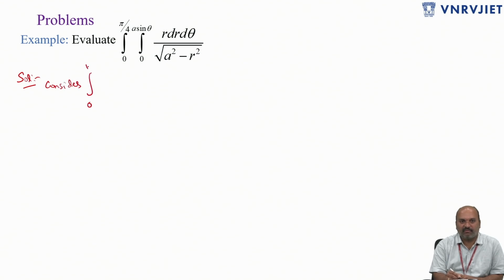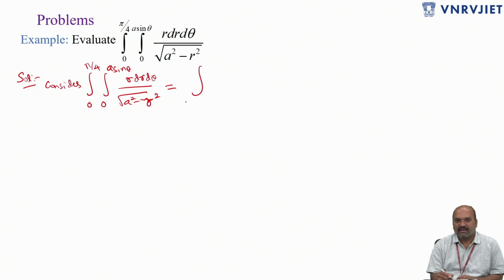Let's consider this one: integral 0 to pi by 4, integral 0 to a sin theta, r dr d theta divided by root over a square minus r square. So theta varies from 0 to pi by 4 and r varies from 0 to a sin theta.